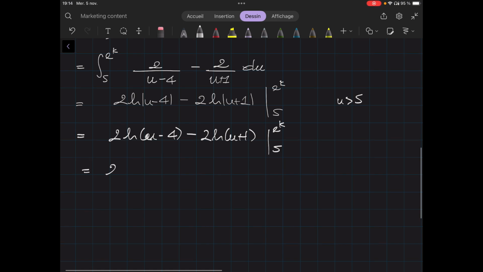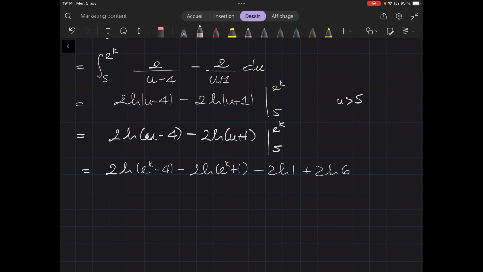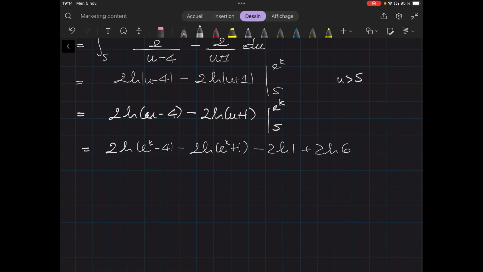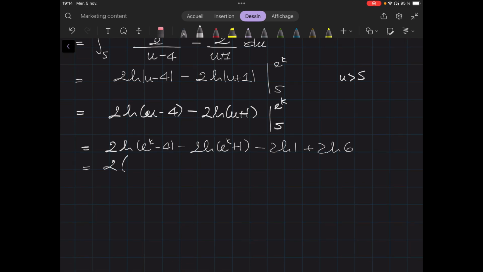Plug in the upper bound. Plug in the lower bound. Let's now combine the logarithms. When adding two logarithms of the same base, you multiply the arguments.